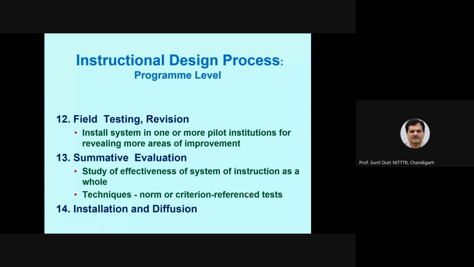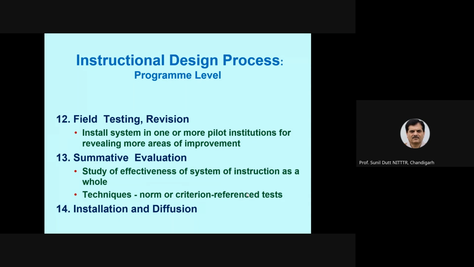Because the change made can affect the system either adversely or favorably. So development of instructional design is a systematic process comprising a series of activities ranging from needs analysis to installation and diffusion, ensuring maximum success in implementing such instruction in the actual classroom situation.